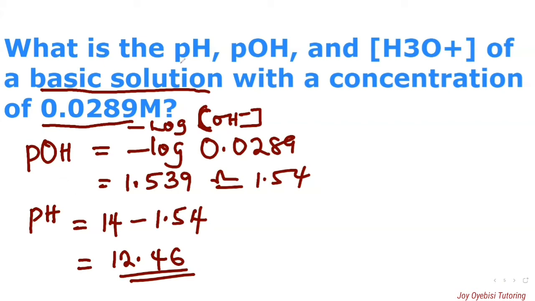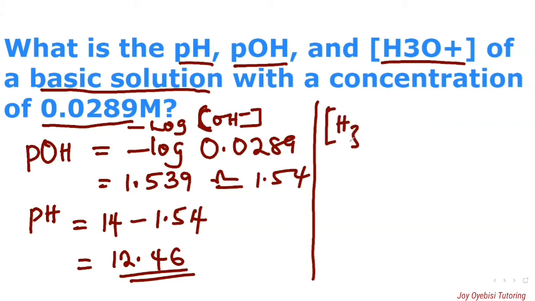Now, we solved for pH, we solved for pOH. The next thing would be to solve for the hydronium ion concentration. For this, we have the relationship between pH and that. So we just go ahead and make use of H3O plus, which is going to give us 10 raised to power negative pH, okay?